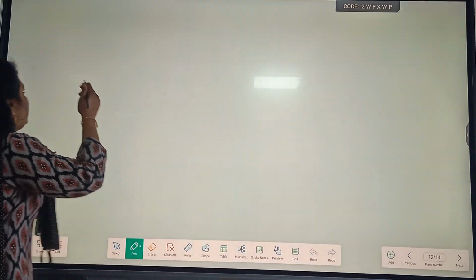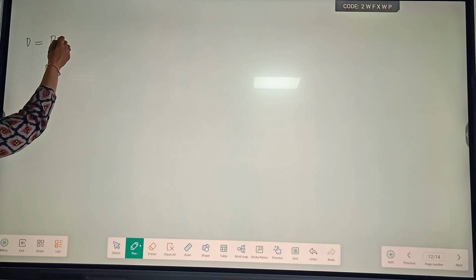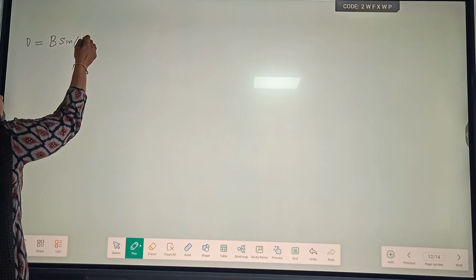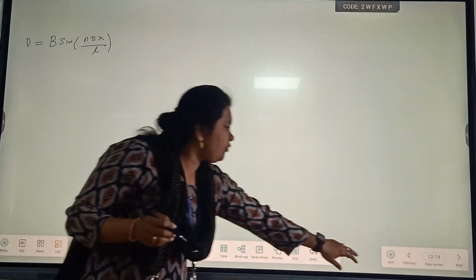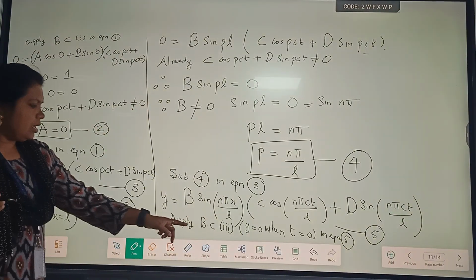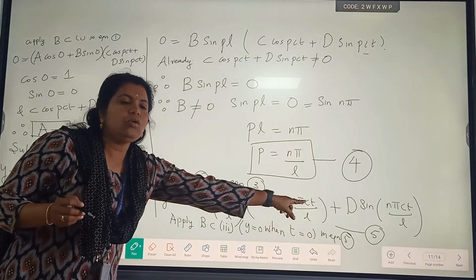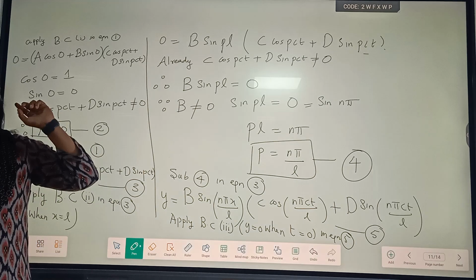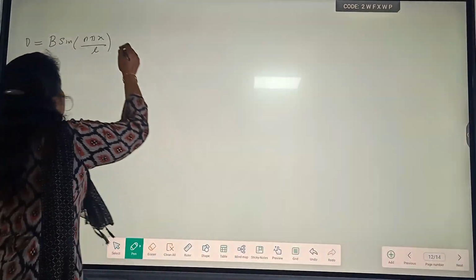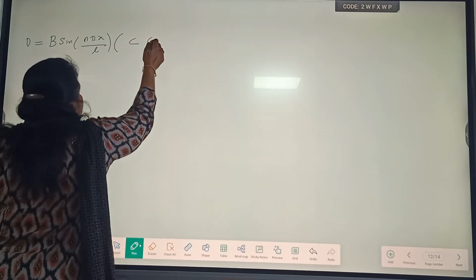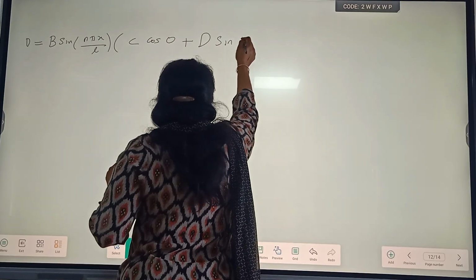Y equal to 0, B sin (n pi x by L). Look here, your t equal to 0, so we get cos 0 and sin 0. So C cos 0 plus D sin 0.